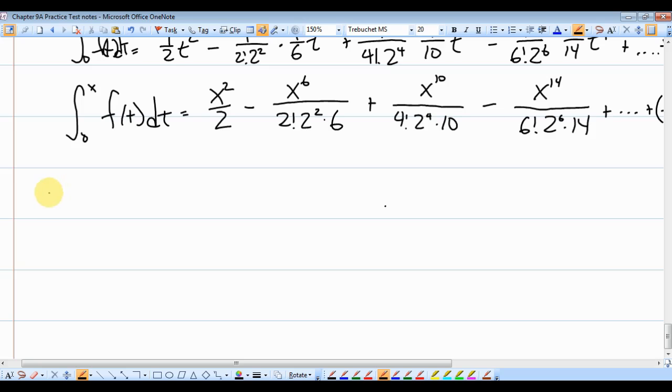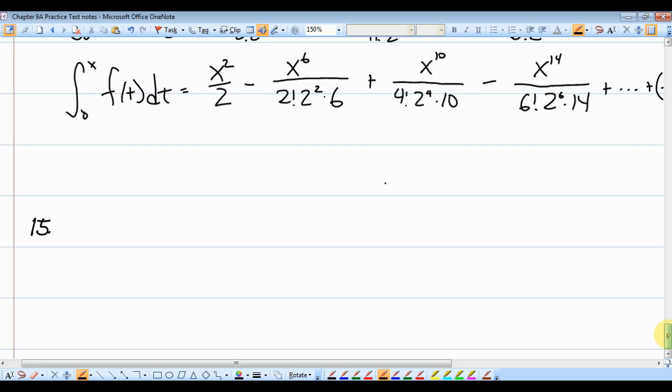All right, so we're looking at 15. And I think the series is x cosine of x squared over 2. And we're supposed to get a series for that. If you have any idea about this, you would first look at the list of series you had memorized and see if this is any one of them.